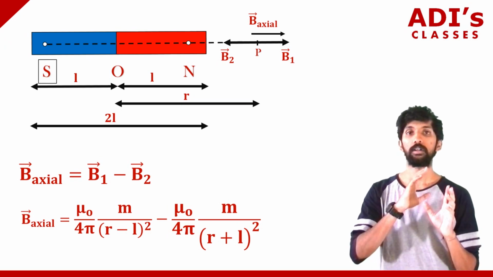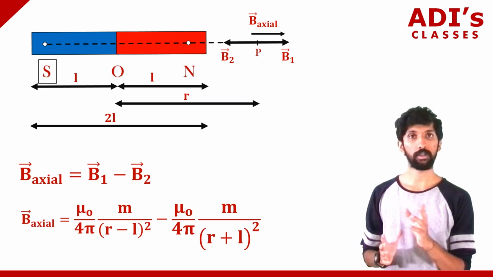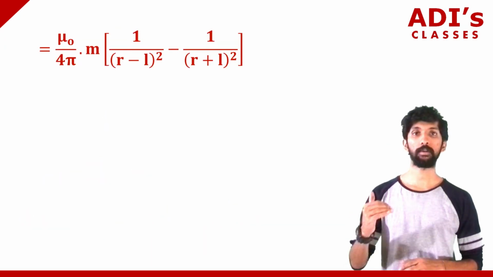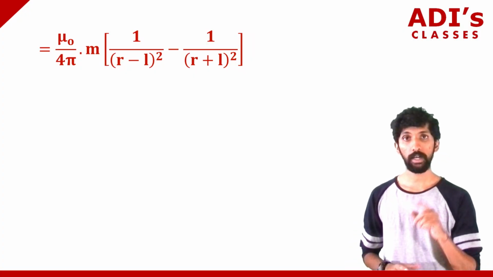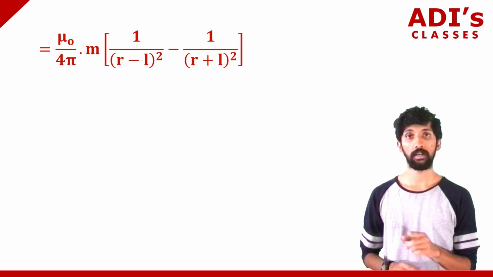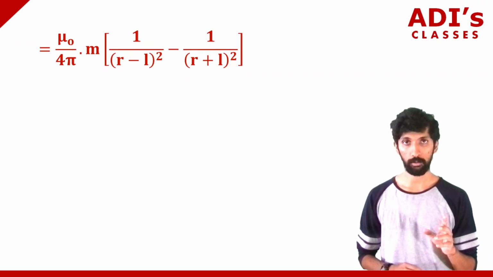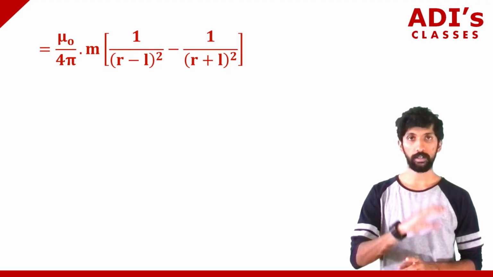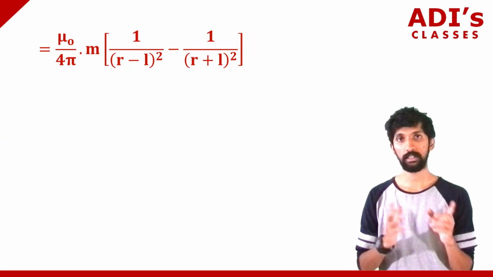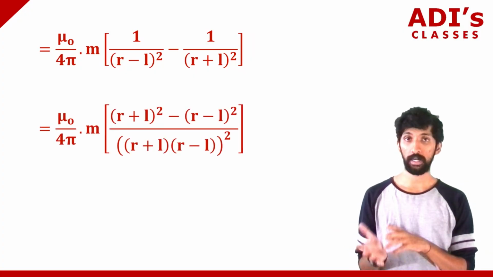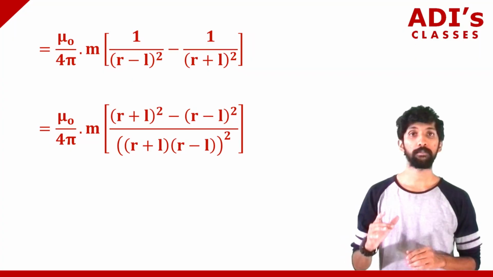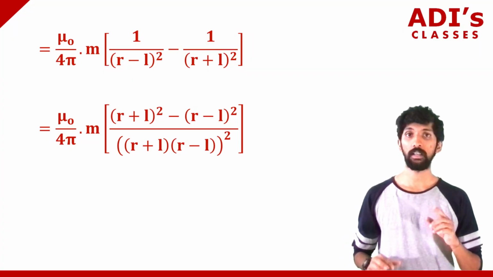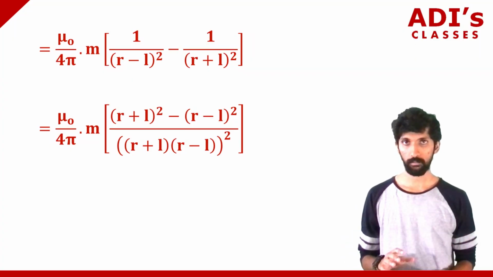Now you have many things common, so you take them outside. You have mu naught by 4 pi into m as common, so you get 1 by (r minus l) whole square minus 1 by (r plus l) whole square. Now take the LCM, and you get (r plus l) whole square minus (r minus l) whole square divided by (r plus l) into (r minus l) whole square.